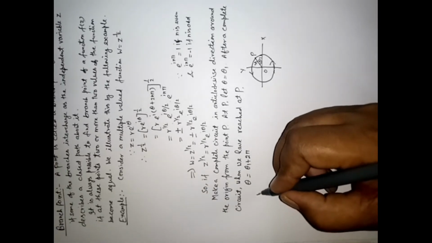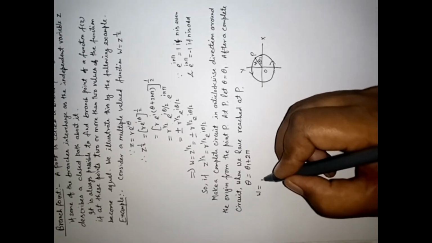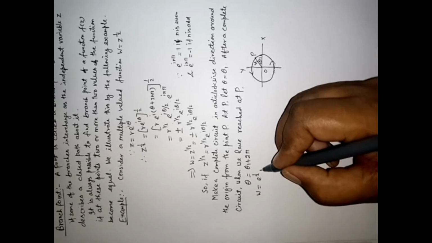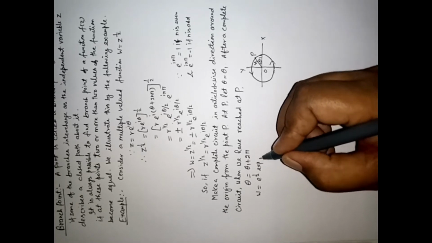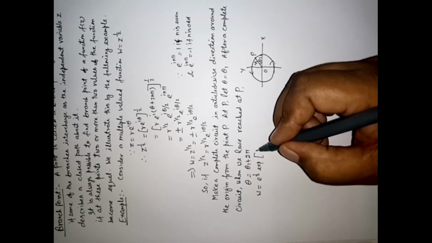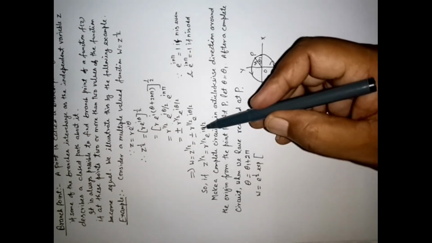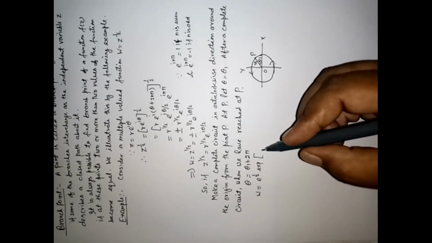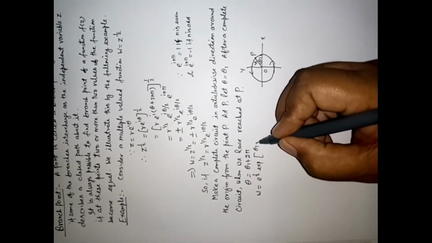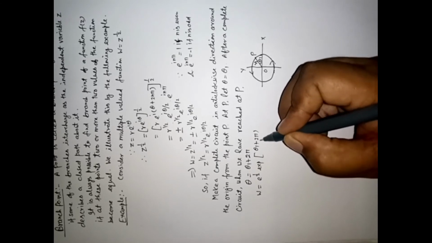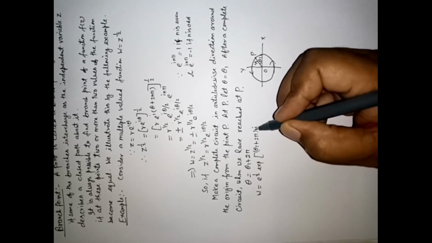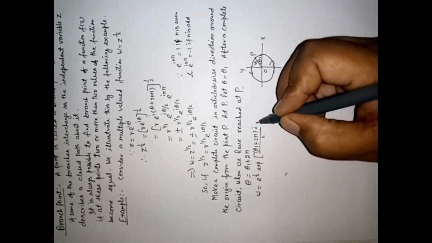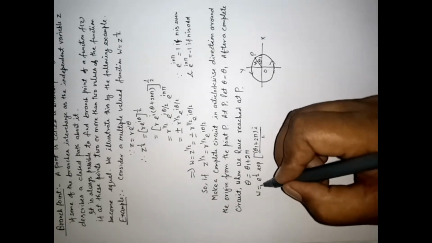w equal to r power half into exponential of i (theta 1 plus 2 pi) divided by 2.